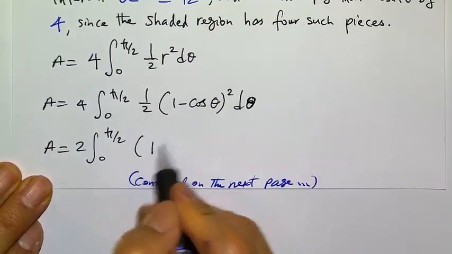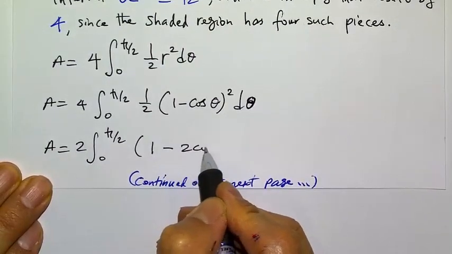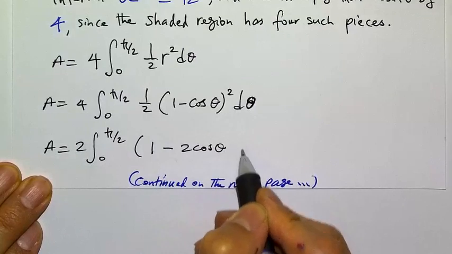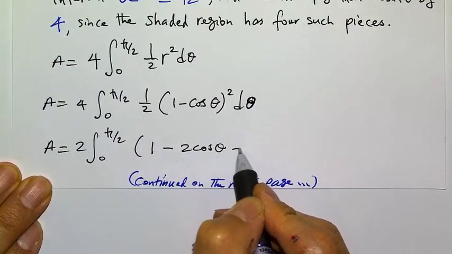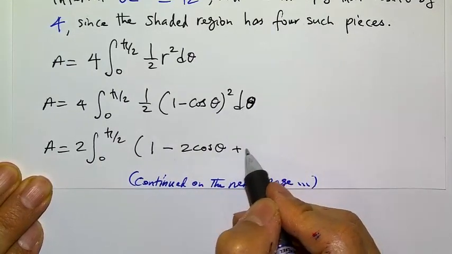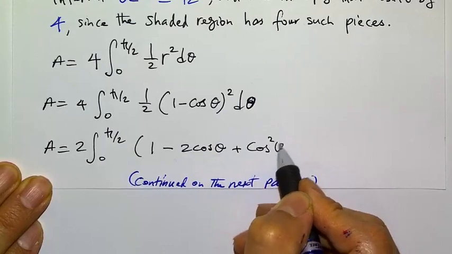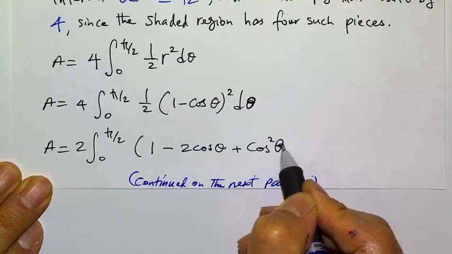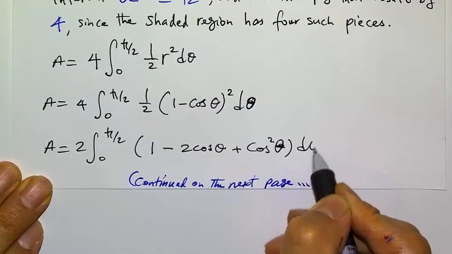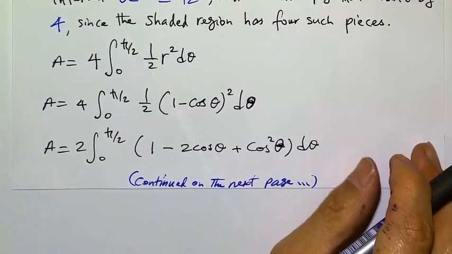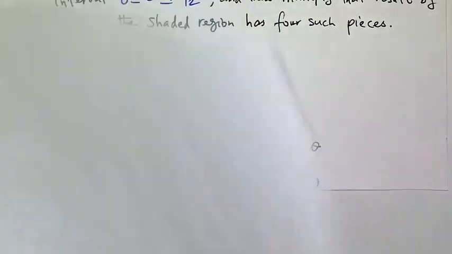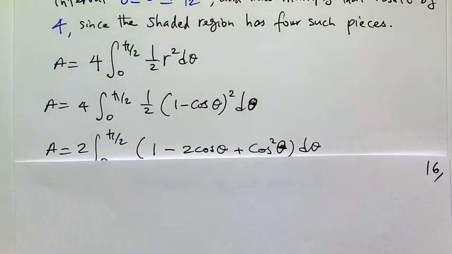So we get 1 minus 2 times cosine of theta plus cosine squared theta d theta. Okay, let me go to the next page.